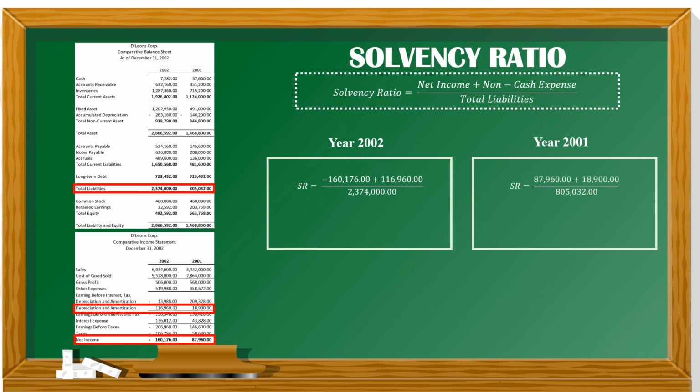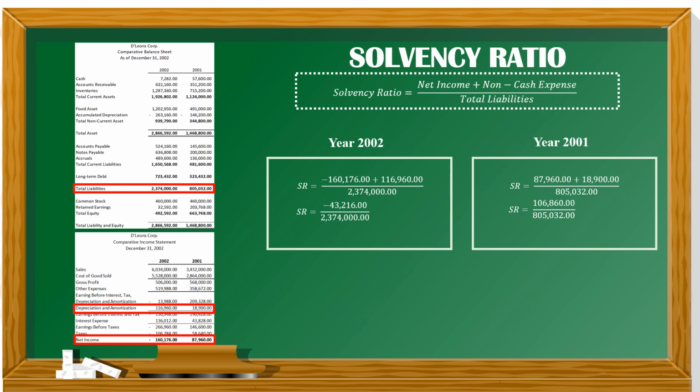In year 2001, the net income is 87,960 plus its depreciation of 18,900 divided by its total liabilities of 805,032. Okay, so that is the computation.